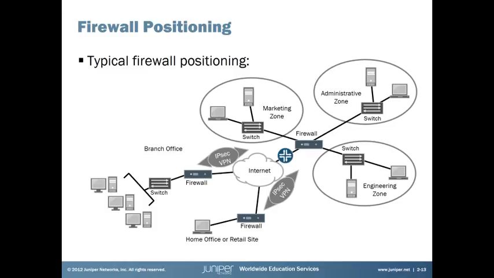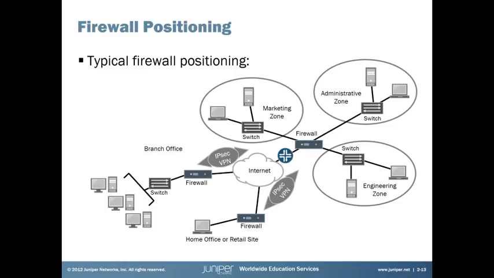So whereabouts in the network does the firewall go? Well, here are a few different scenarios. Let's look at down the bottom here, a little home office, a little retail site. Our firewall pretty much just sits there on the edge of our network and provides connectivity to the internet and VPNs to other sites as required.